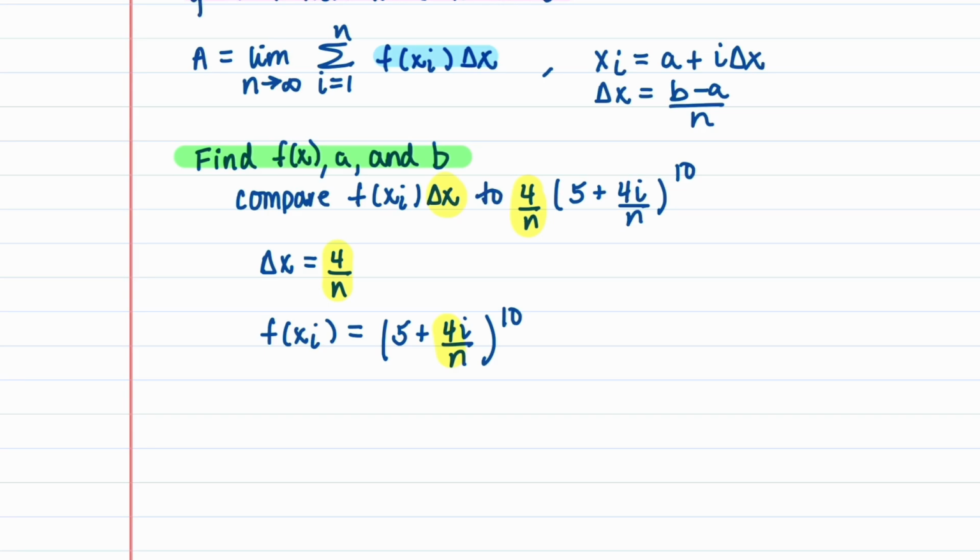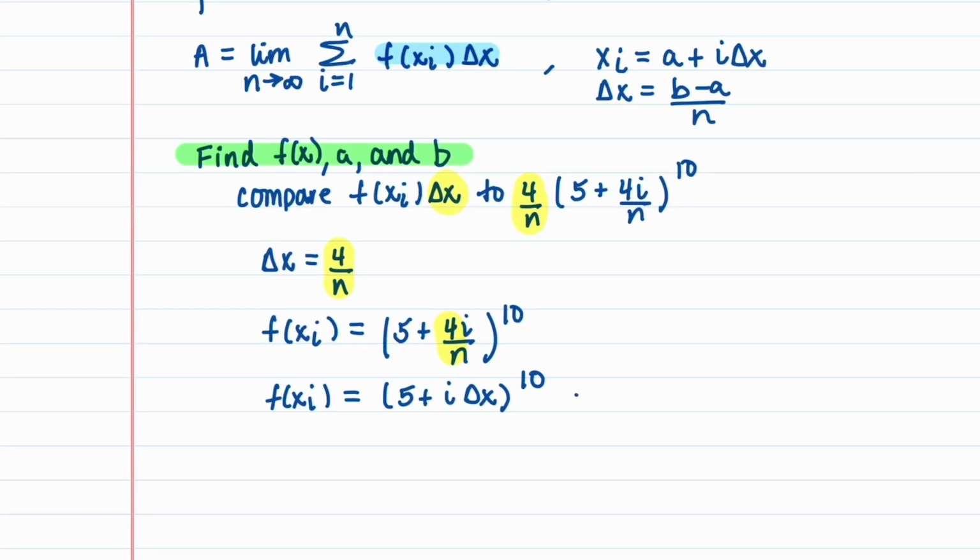So our f of x sub i is equal to 5 plus i delta x raised to the 10th. Now that we have it written this way, we can easily see that x sub i is equal to 5 plus i delta x. And let's go ahead and highlight that.